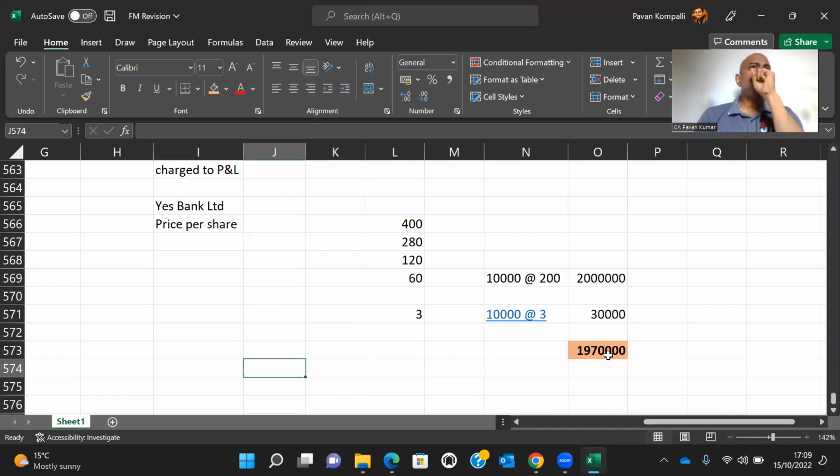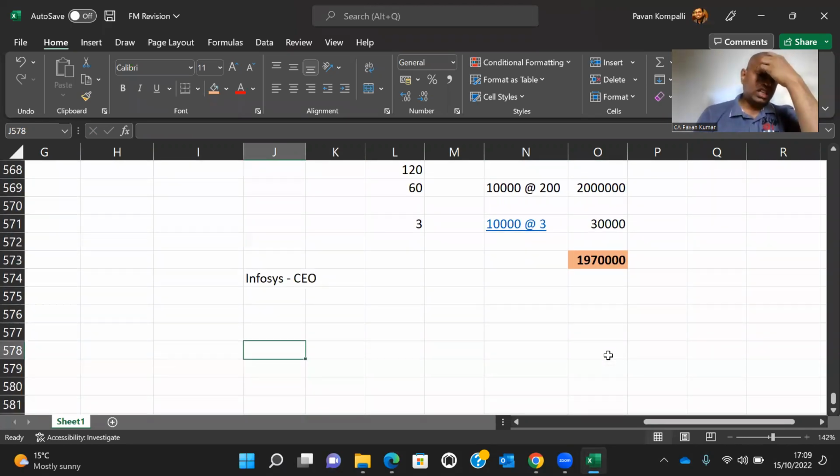I'll give you an example. I have shares in Infosys as well. Infosys CEO Vishal Sikka resigned. There was some fight between the promoters and the executive directors, some issue with corporate governance.